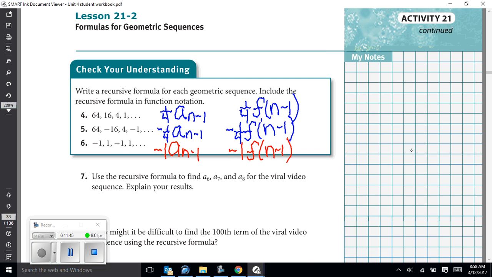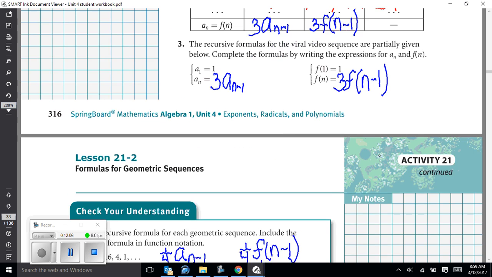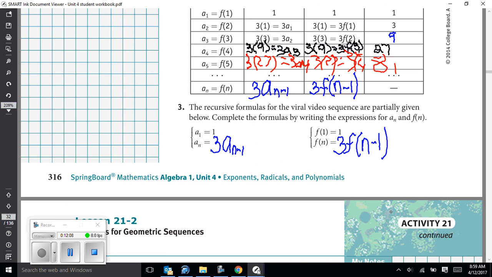All right. So now it says use the recursive formula to find a sub 6, a sub 7, a sub 8. So in order to find a sub 6, we need to know a sub 5, right? I think you guys found that in your table. So we had a sub 5 here.